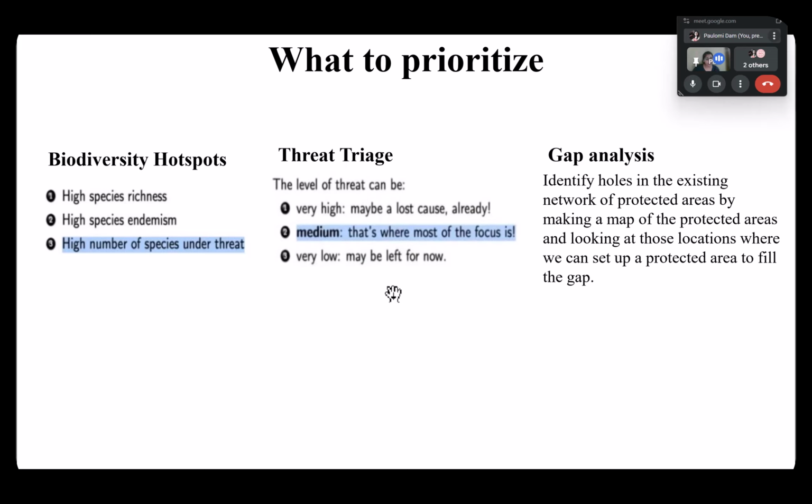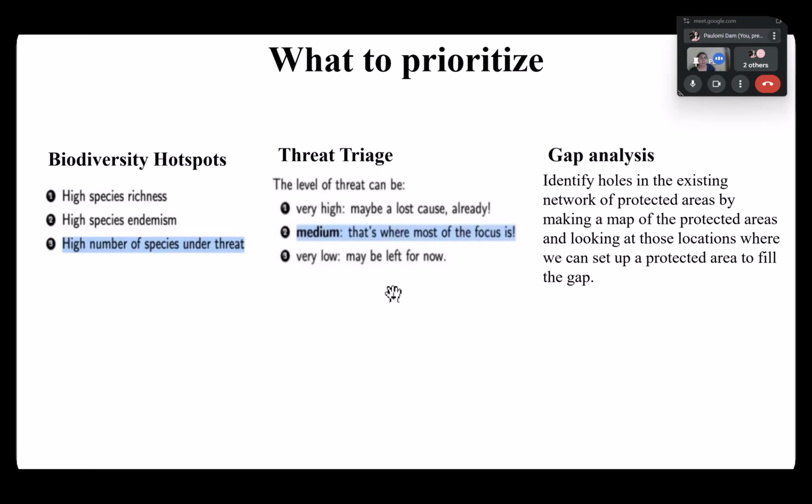You have threat triage, so you can assess the threat and see if they have very high threat, medium, or very low. And amongst these, the ones which have medium threat are the ones who are prioritized for conservation. Very understandably so, because if they have very high threat, it means they have already experienced the threat at a maximum level.